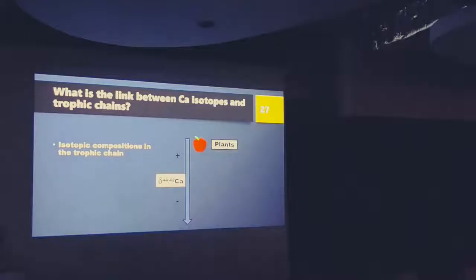To schematize that, we could take a plant with a given isotopic composition for the calcium, and then if an herbivorous animal eats this plant, its blood and bones will have an isotopic signature with a lower delta calcium than the plant it eats.